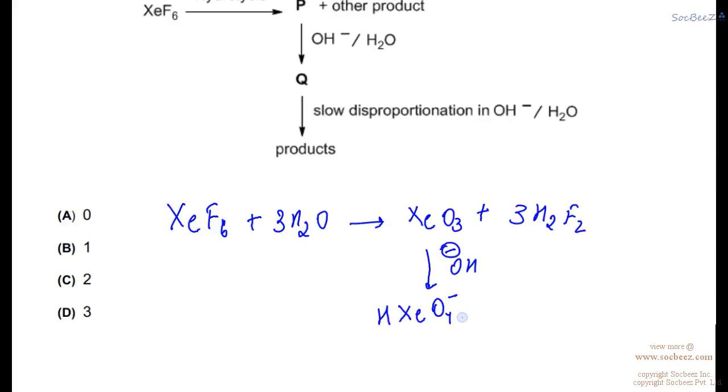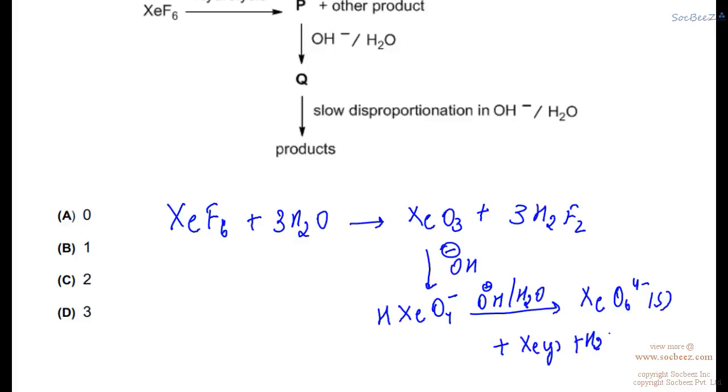HXeO4 negative. Okay, now it undergoes disproportionation here in this condition, and the products formed are XeO6 4 negative plus Xe plus H2O liquid plus O2.